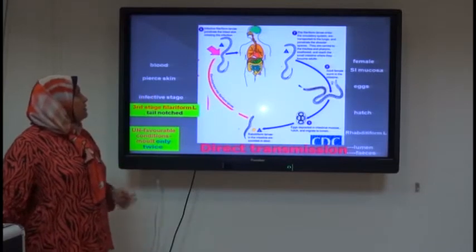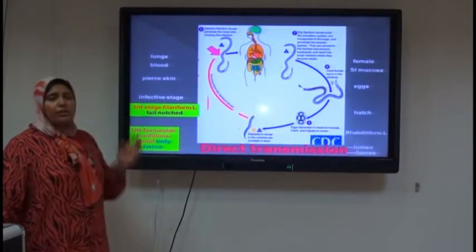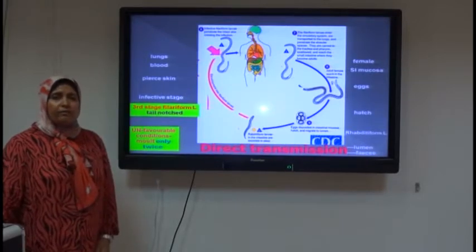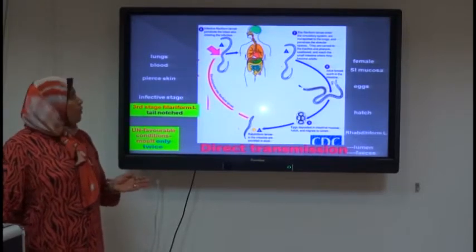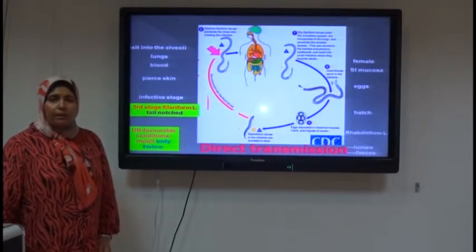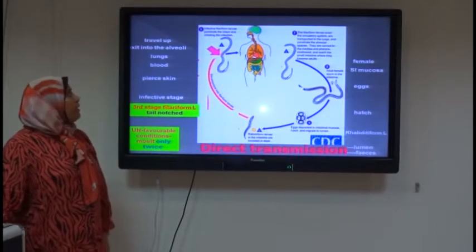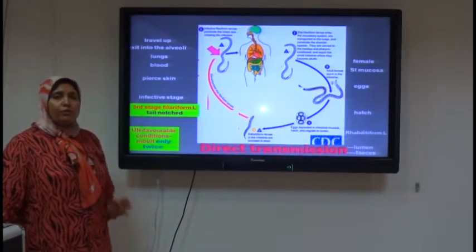Once it pierces the skin, it will go to the circulation, of course, and the systemic circulation will send the infective larvae to the lungs. Once inside the lungs, they will penetrate the pulmonary capillaries to jump to the alveoli, and through the alveoli, they will move in a retrograde manner.